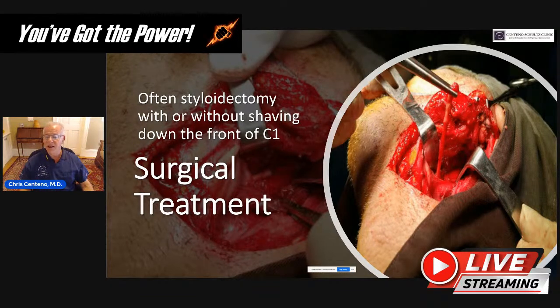And we're doing all of this in very close proximity to that internal jugular vein, which can be damaged during that procedure. So while this may need to be done, it would clearly be towards the end of a list of things that you would want to do if you thought you had this problem.